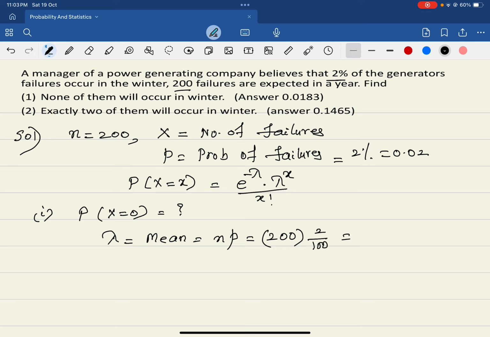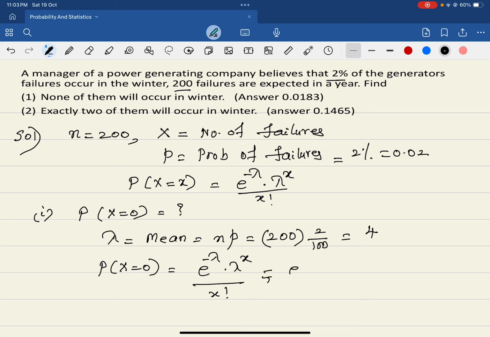So 200 into 0.02 is 4. 4 is your lambda, my mean is lambda. So now we have to find P of x equal to 0, that is e raised to minus lambda, lambda power x over x factorial. Here lambda is 4 and x is 0.